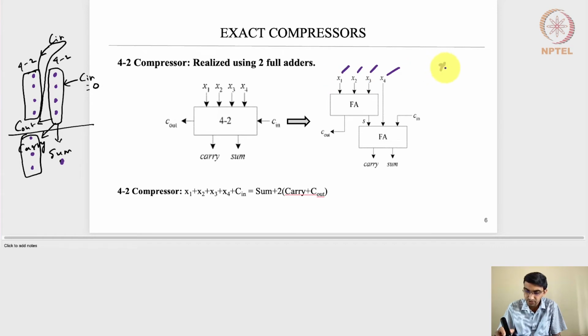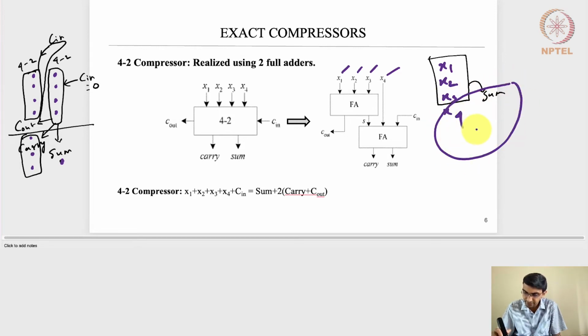We are doing an addition of x1, x2, x3, x4. Right, so we need to add this up. We will use one full adder for x1, x2, and x3, and another full adder for the sum generated from that along with x4, and then we will have the C input, and create the overall sum and then overall carry.